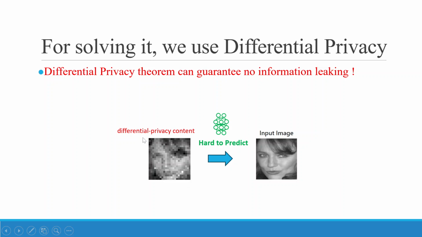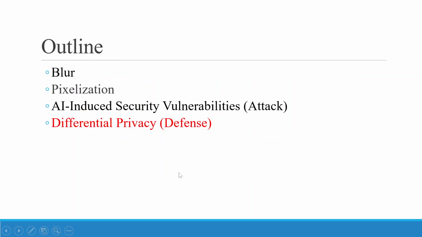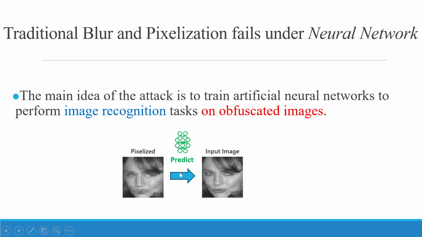We can apply differential privacy in the original pixelization of the blurred face. We try to apply more noise on the pixelized blurred face image.